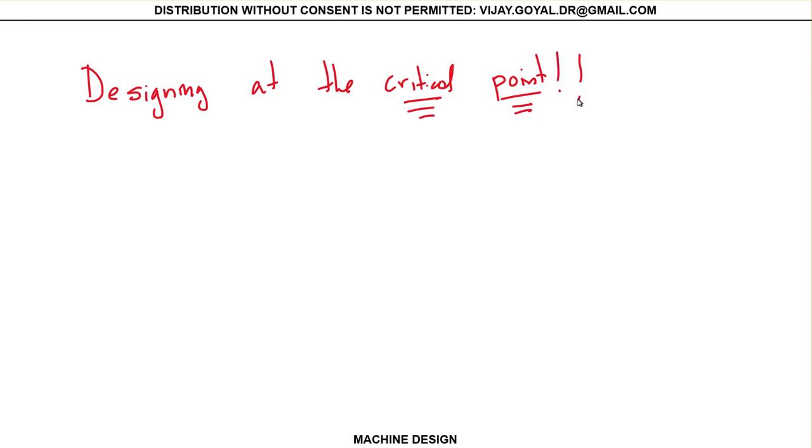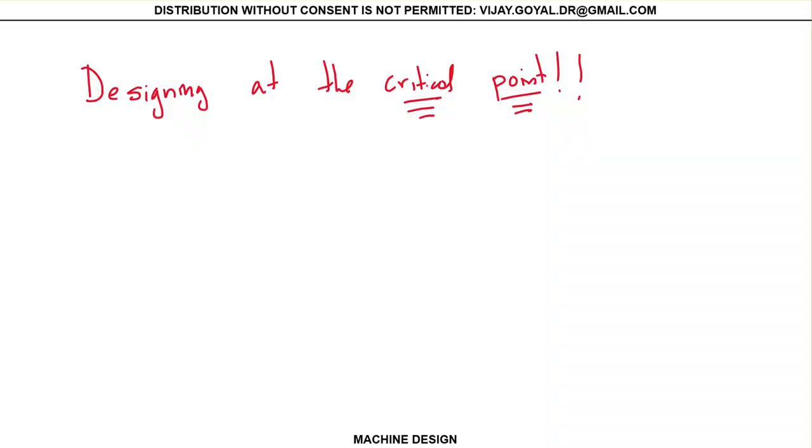We don't design over a cross section. We don't design over the entire beam. We just find the critical location, find a point in the cross section, and that's the point of my analysis. That's what we will be doing. So let's go back to our screen. That's what we are trying to design here.